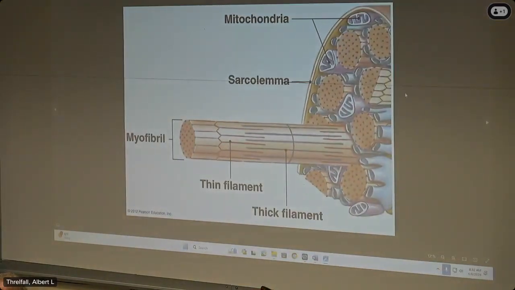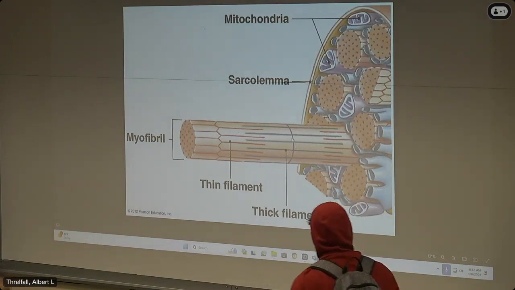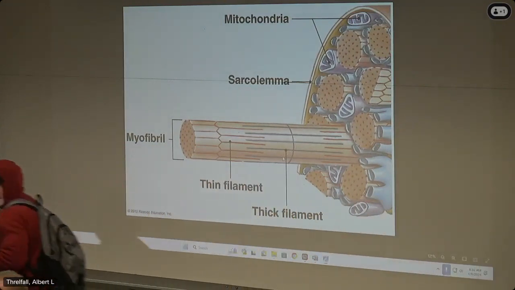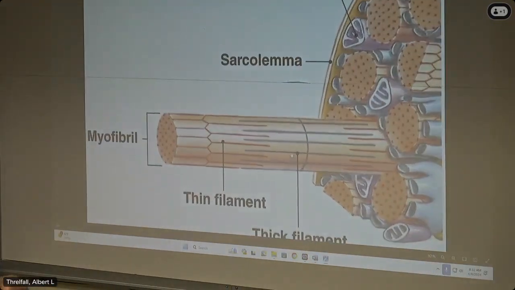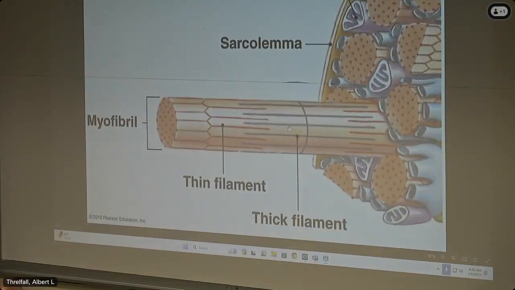In this picture of a single cell, they've pulled out one myofibril. We can see the filaments. Just making sure you can see the cursor, and you can. We have the area right here that is just myosin. We have the darkest area right here where actin and myosin overlap.